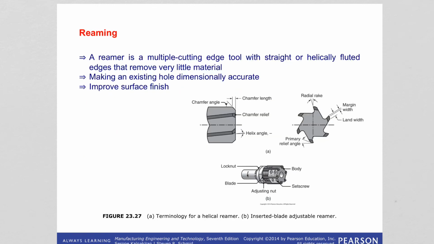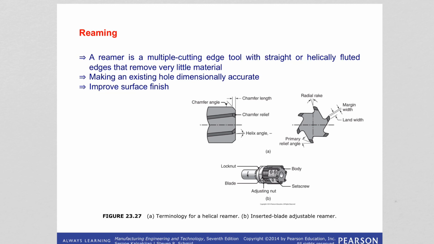So a reaming operation. Reaming is an operation used to make an existing hole dimensionally more accurate and improve surface finish, and this is achieved with a reamer, which is a multiple cutting edge tool with straight or helically fluted edges that remove very little material. And if you watch the videos, you're going to see, yes, this removes very little material.